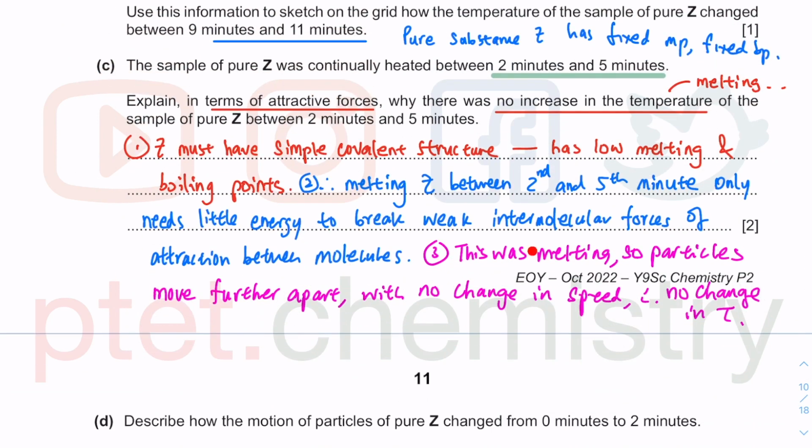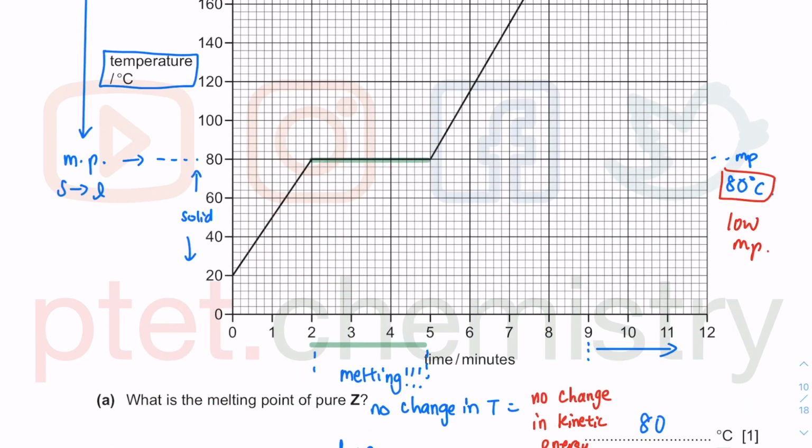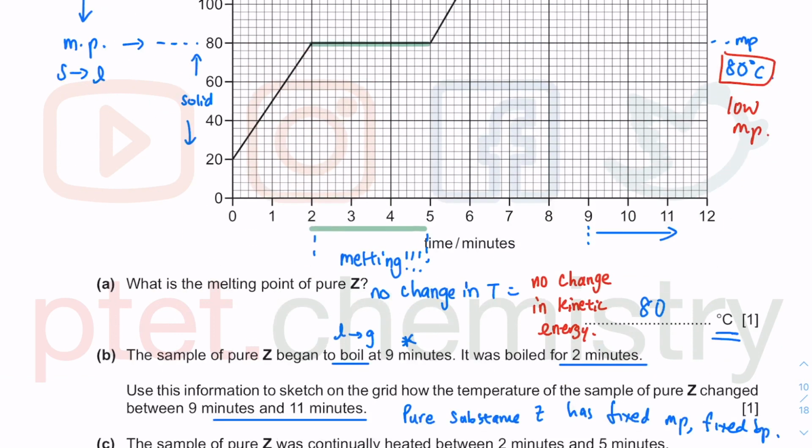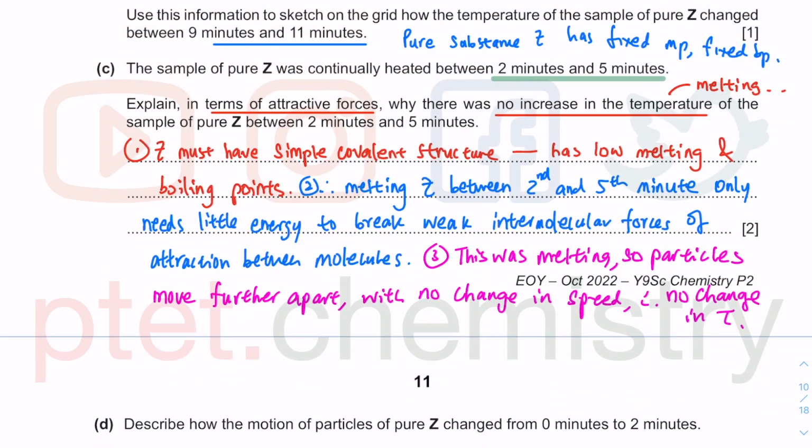Having said that, as with any melting, we are putting in the energy not to change the speed, but to move the particles, in this case the simple covalent molecules, further and further apart with no change in speed. No change in speed means no change in your average kinetic energy, and therefore the temperature remains constant, as temperature is a measure of your average kinetic energy. Somewhere along that line, we have gotten you the 2 marks as well.